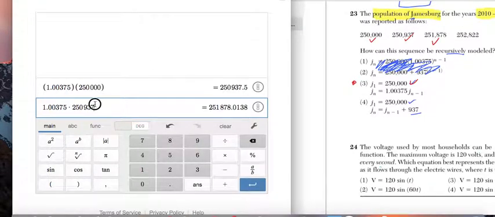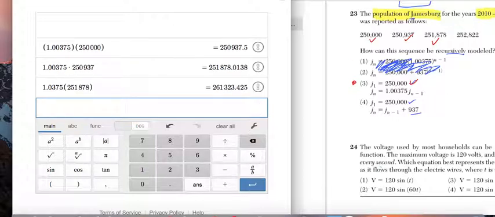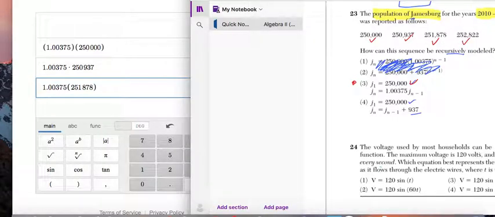Now I'm going to multiply the next value, 251,878, by 1.00375, and I get 252,822.5-ish. So it worked. This was a geometric sequence, right?